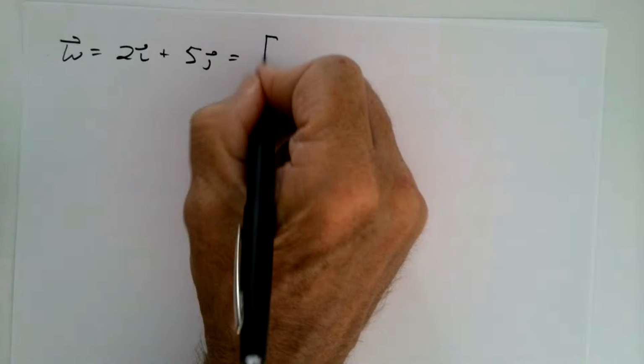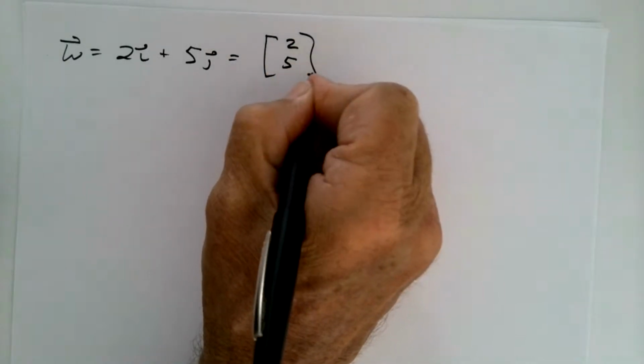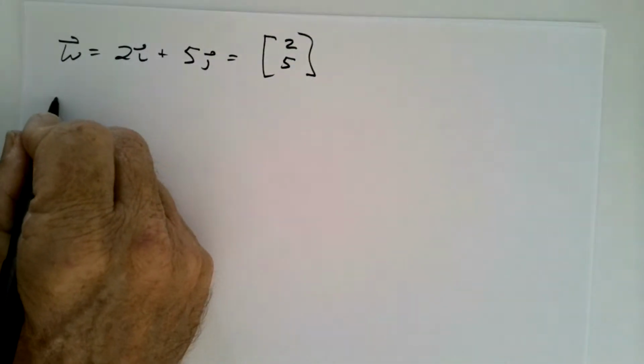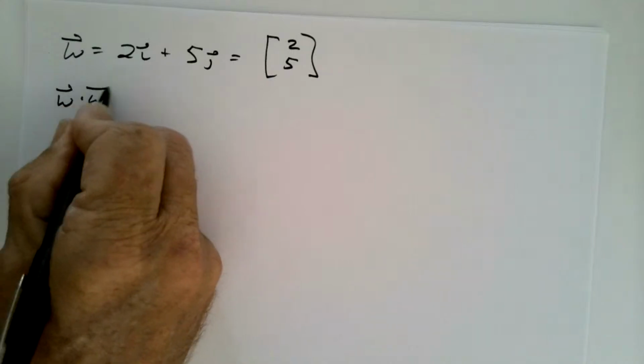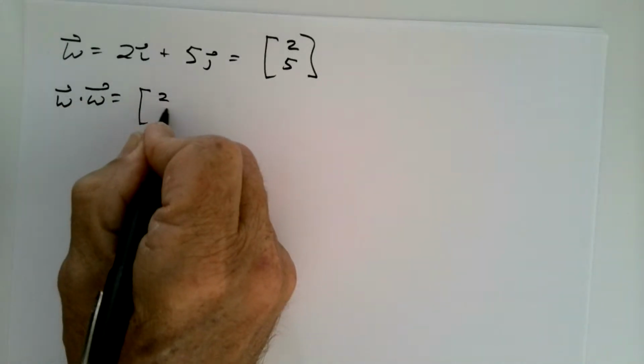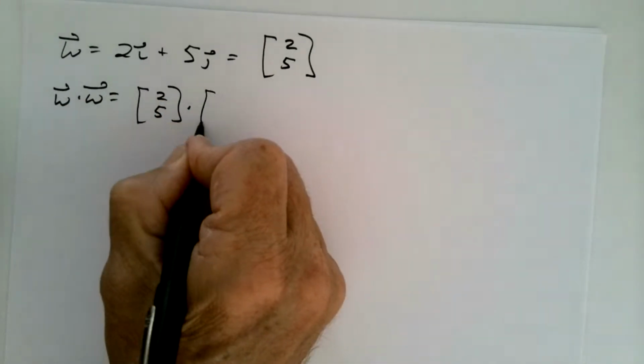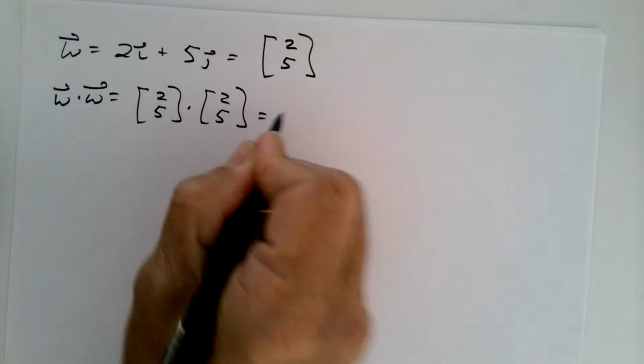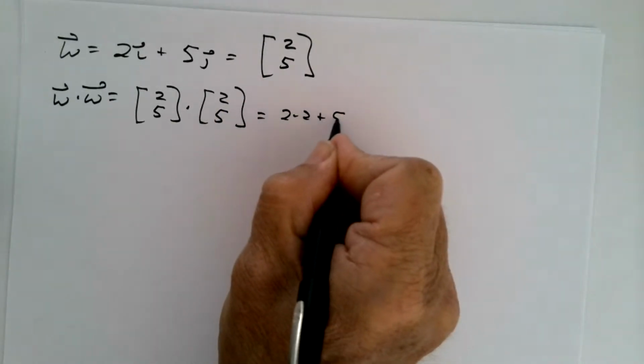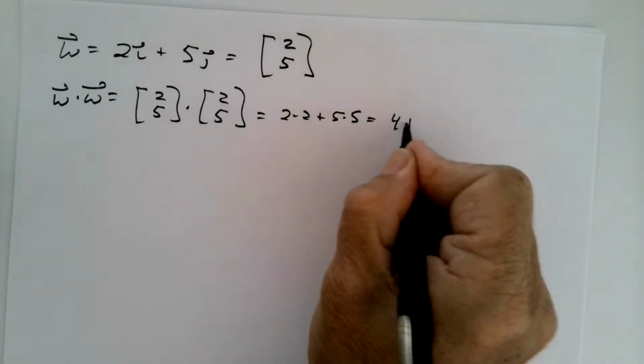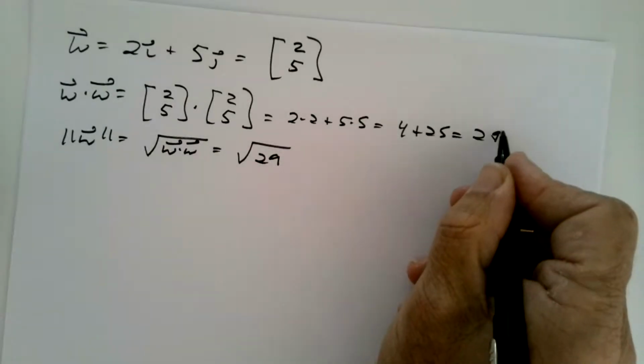I prefer this notation, <2, 5>. Let's find its length. To find its length, I've got to take W dot W, which is 2 times 2 plus 5 times 5, 4 plus 25, which is 29. So the square root of 29 is our length of W.